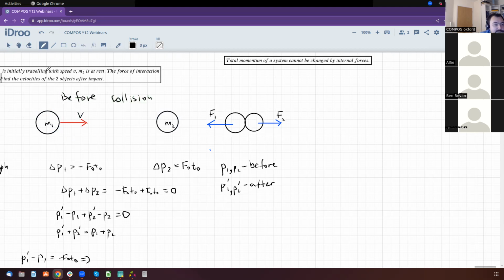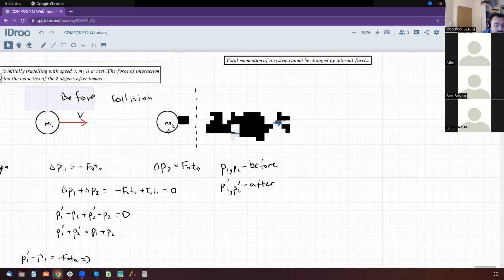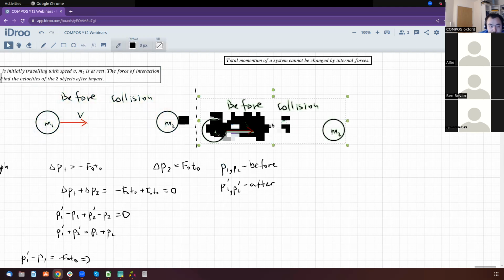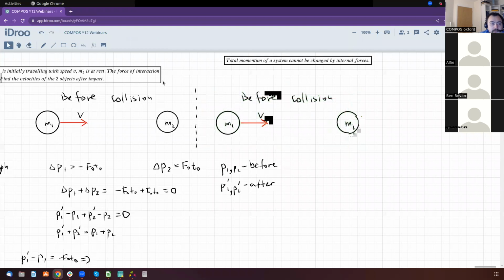I think I've made things unnecessarily complicated, and I'll delete this. So before collision and after collision. Before collision is M1V, and after the collision, it's M1V1 and M2V2. Okay. So assume that.